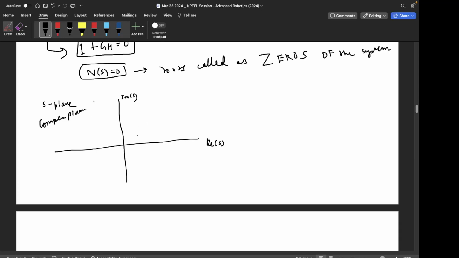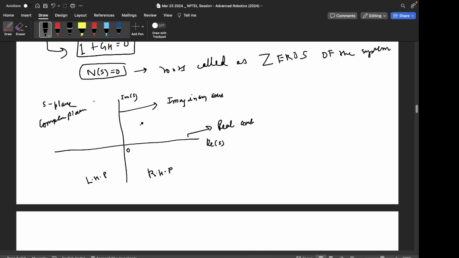right? So any complex number can be plotted on this, and this is the origin. This is called the right hand side plane, RHP, and this is the left hand side plane, LHP. Okay, and this is the imaginary axis. And this is the real axis.